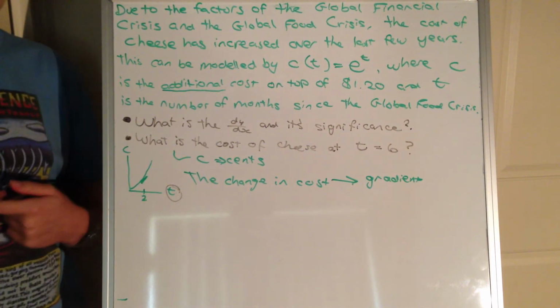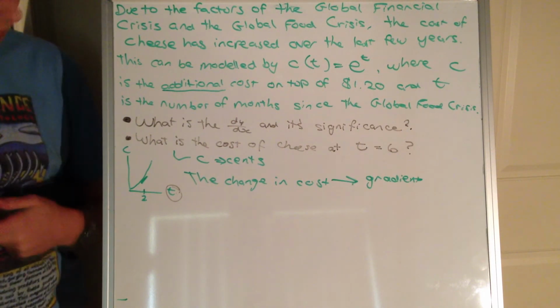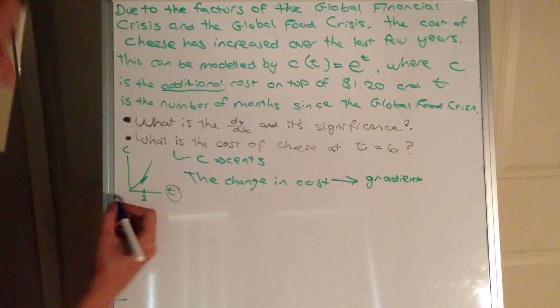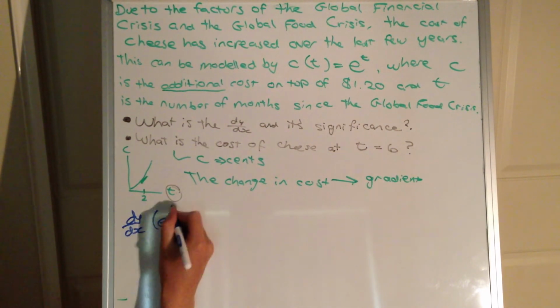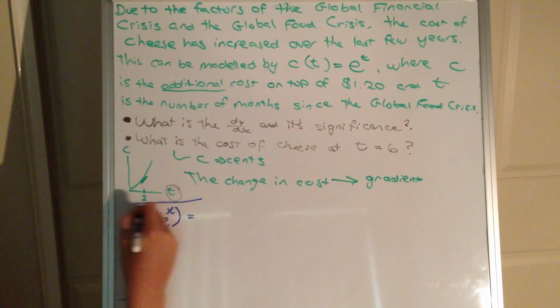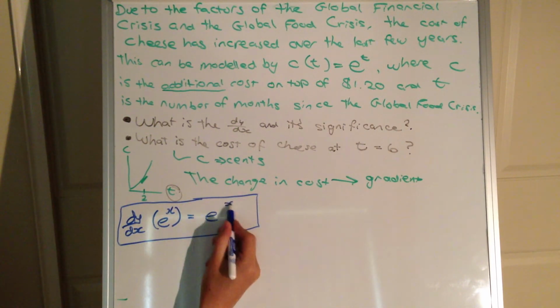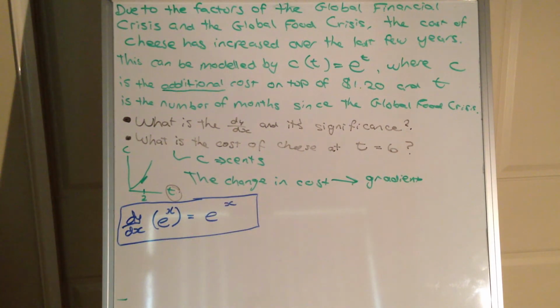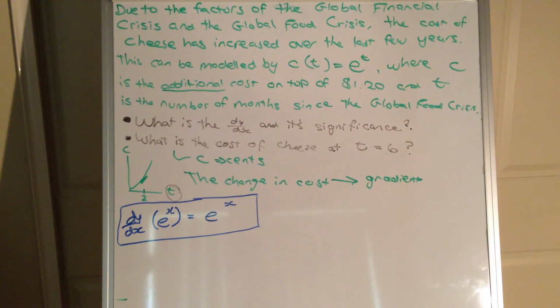So if we have e to the t, there is actually a rule of differentiation for this, and it states that the dy over dx of e to the x, we'll just use x as a notation here so you're able to remember this rule, but the derivative of e to the x is actually e to the x as well. And that's an interesting concept that I'll be going through in a future video, but for this rates of change video, it's just a rule that you can remember.